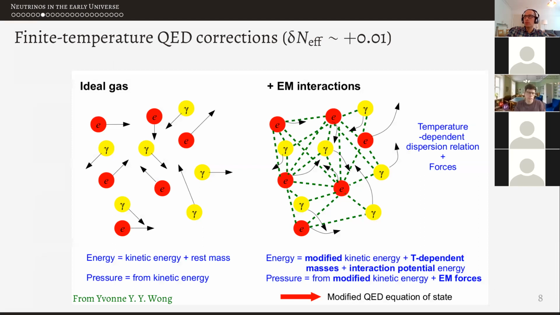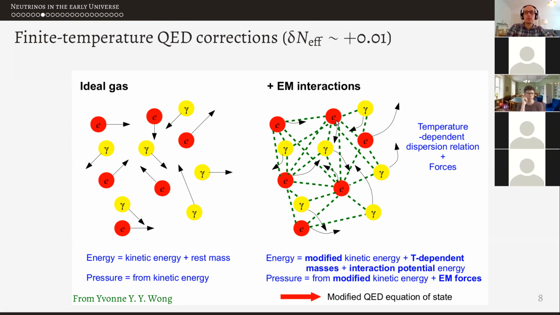The next correction that we look at is the finite temperature QED correction. If we assume that the electrons and photons constitute an ideal gas, then they are not interacting at all. But in reality, there's an interaction between them.